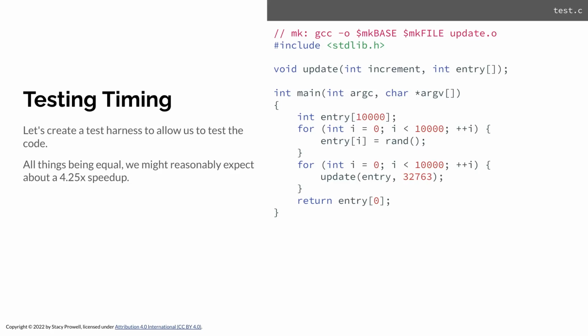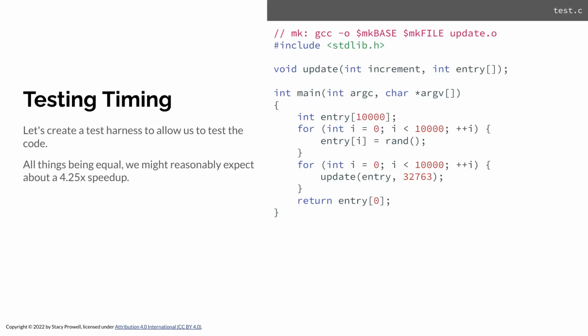We can test the timing of these. So here's my little piece of code. We'll waste some cycles here initializing the array with random entries, and then we'll update, and we'll do the update 10,000 times. This 10,000 isn't over the array. This is me updating the entire 10,000 element array, 10,000 times. Because again, this is going to be fast.